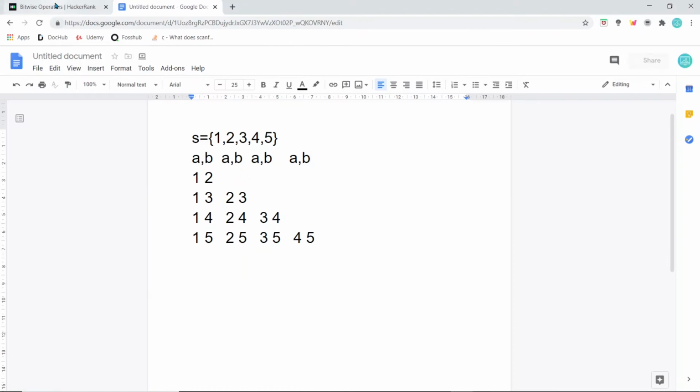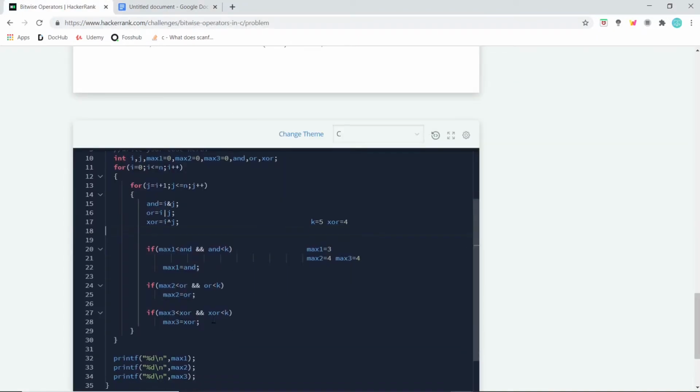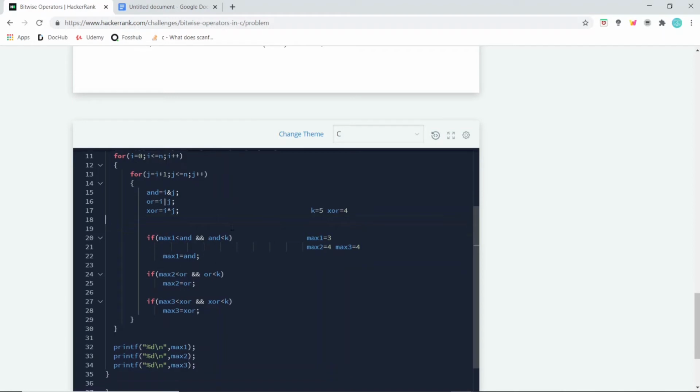Now this loop is completely executed. The outer for loop executes around n times, and the inner for loop executes n minus 1 times. After all this happens, we get the maximum possible values of the AND operation out of all the numbers, and we also get the maximum possible values for maximum 2 and maximum 3.